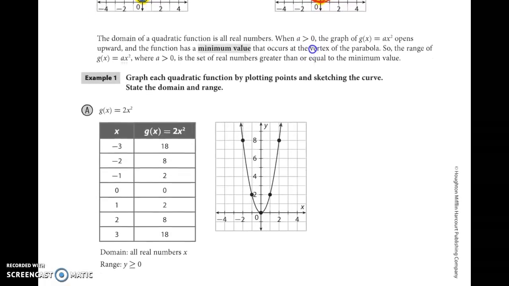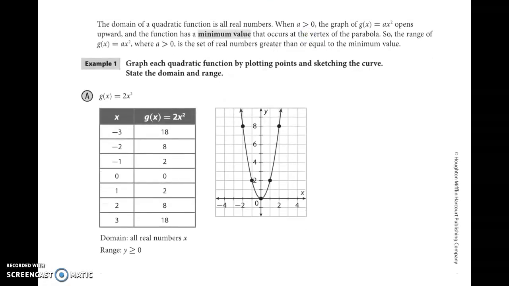So let's look at Example 1 and see what this does. In this example, they already filled in the t-chart for us. They plugged in -3 and said -3 squared is 9, and 9 times 2 is 18. -2 squared is 4, 4 times 2 is 8. So they filled this in and they went ahead and graphed it for us.